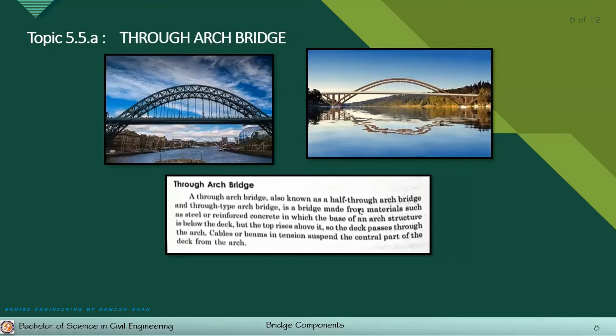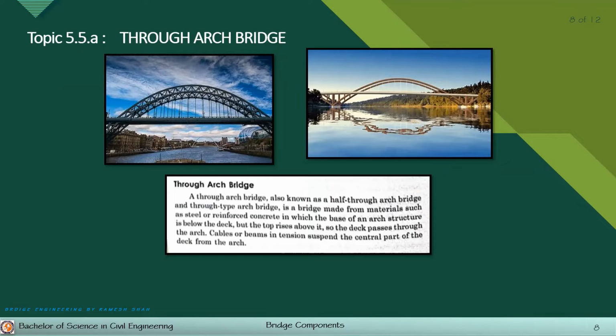Next is through arch bridges. Sa through arch bridge naman, a through arch bridge, also known as a half-through arch bridge and through-type arch bridge, is a bridge made from materials such as steel or reinforced concrete, in which the base of an arch structure is below the deck, but the top rises above it.